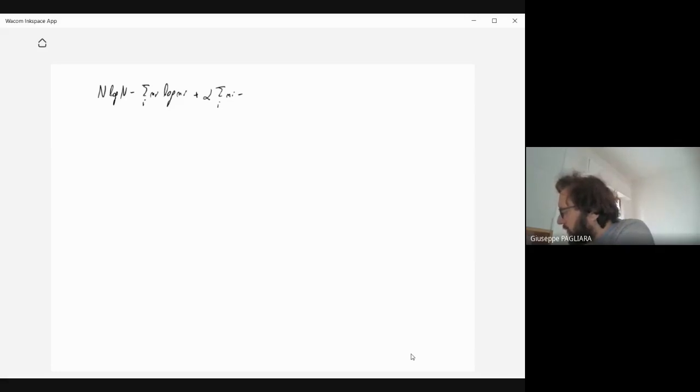Here I should put the number of particles n, which actually is not needed because I'm going to do a derivative, but let's put it in any case. Then I have plus beta, two Lagrange multipliers in this case, times the sum of Ni epsilon i, minus E. And I have to maximize, so derive with respect to Ni and put it equal to 0.